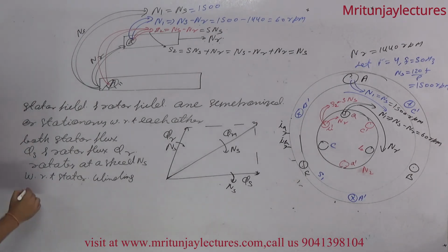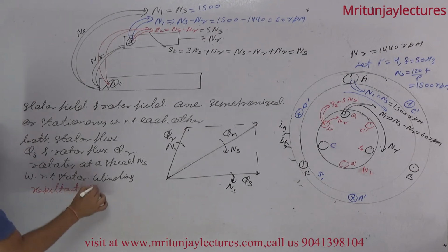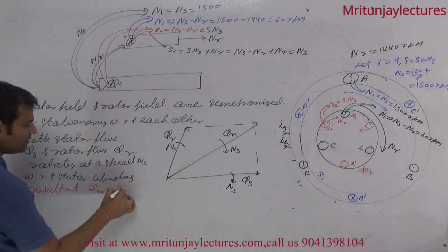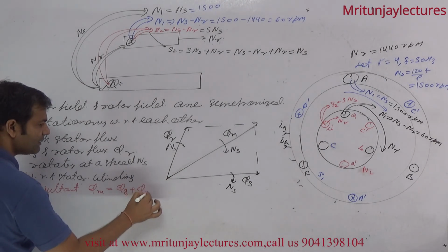So the resultant phi m, that is phi s plus phi r.